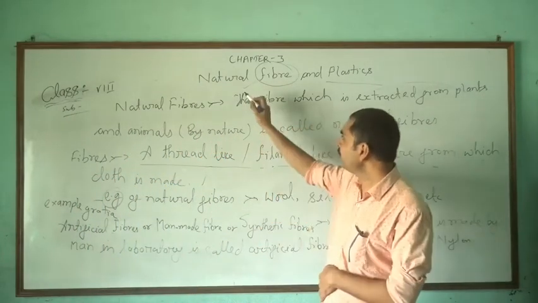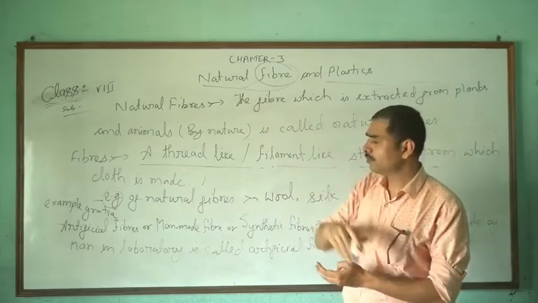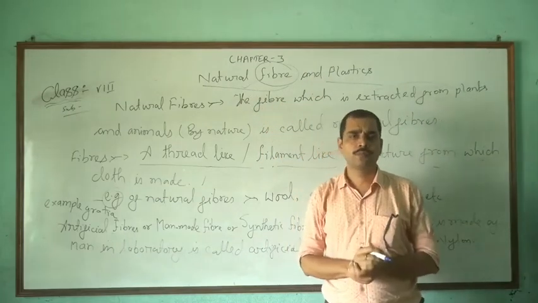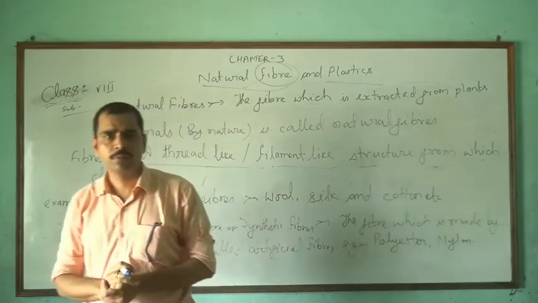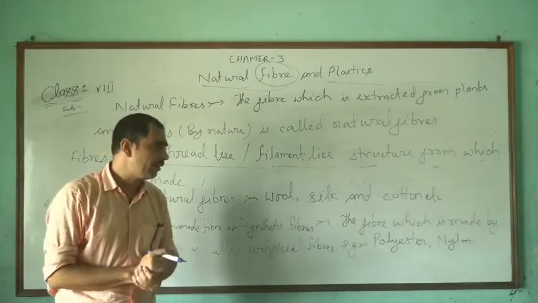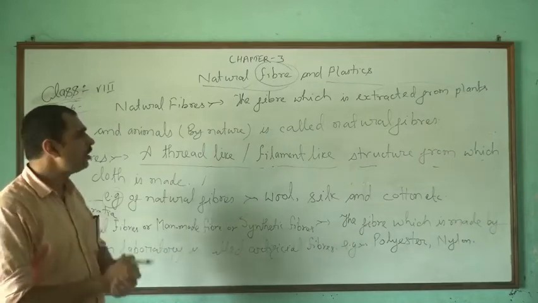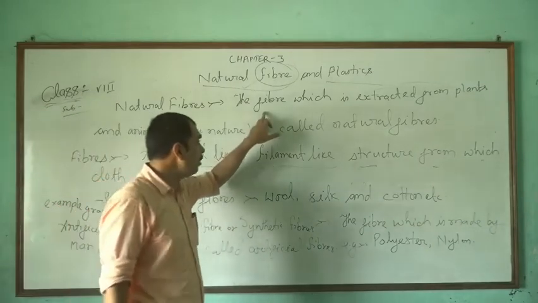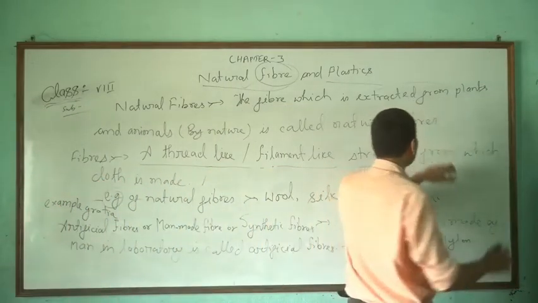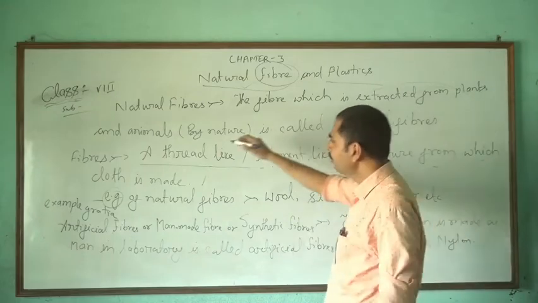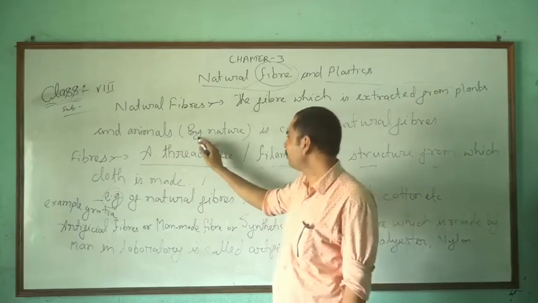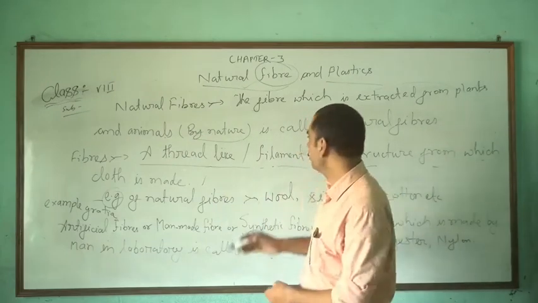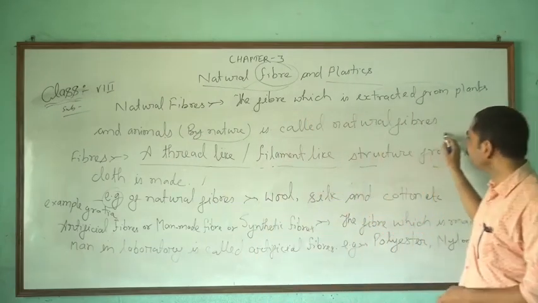The second one is: what is natural fiber? Simply, the fiber which is provided by nature is called natural fiber. As per the definition, the fiber which is extracted from plants and animals, and we know that plants and animals are part of nature, so it is called natural fiber.